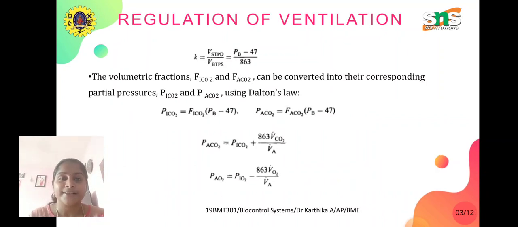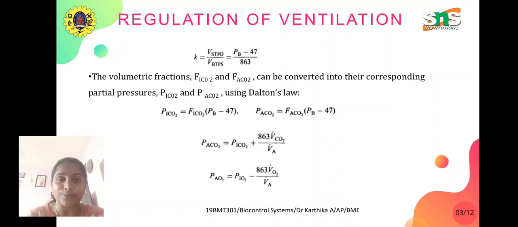Here the volumetric pressure constant K, which is equal to VSTPD by VBTPS, is equal to (PB minus 47) by 863. The volumetric fractions FiCO2 and FaCO2 can be converted into their corresponding partial pressures PiCO2 and PaCO2 using Dalton's law. Actually, this Dalton's law we have discussed earlier for cardiac input and cardiac output.